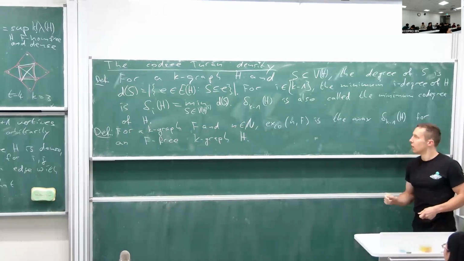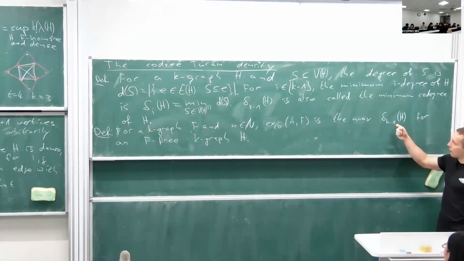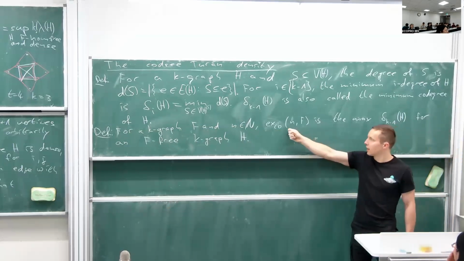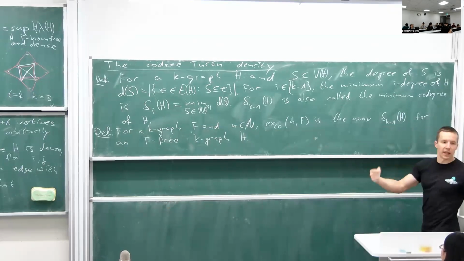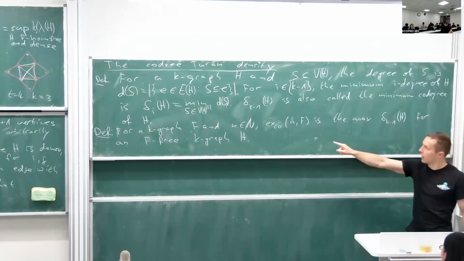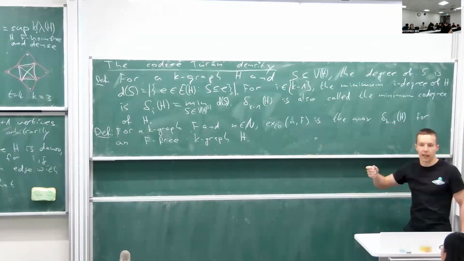Okay, so if we have a minimum codegree larger than this, then we know that we must contain F.